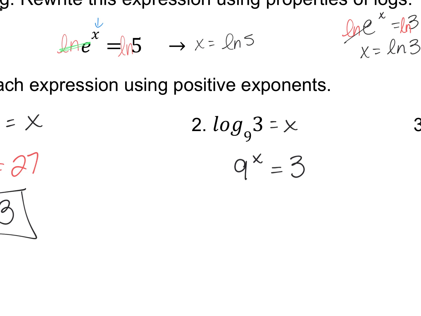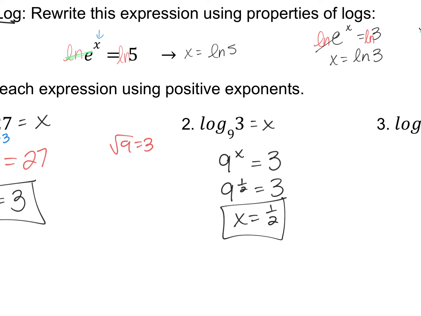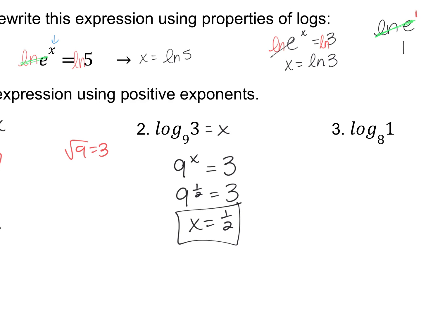Because off to the side, square root of 9 equals 3. But do you remember how to write square root of 9 as an exponent? That would be 9 to the 1/2 equals 3, right? So in this case, x equals 1/2, because remember, 1/2 is how you write square roots in exponential form.